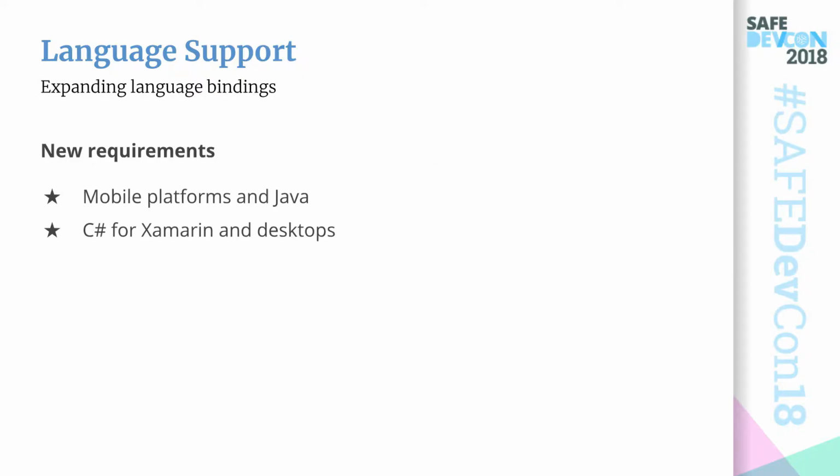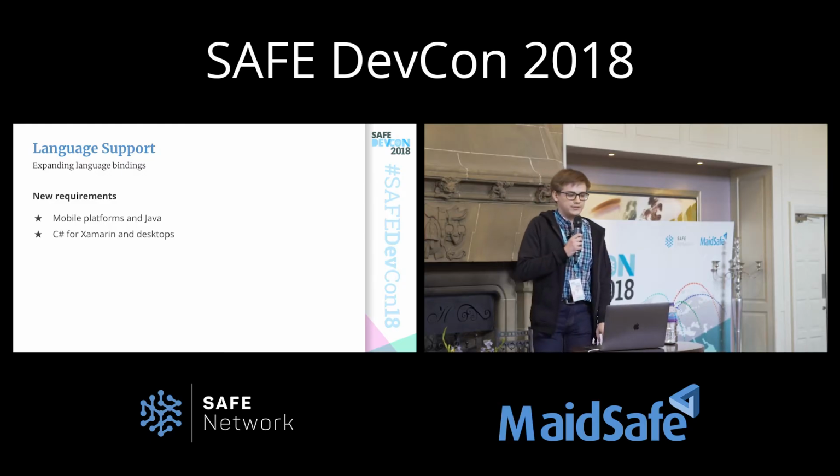But as our goals have changed, and as we wanted to support mobile platforms and add support for new languages that are native to these platforms, we have developed new requirements for Safe Client Libs.